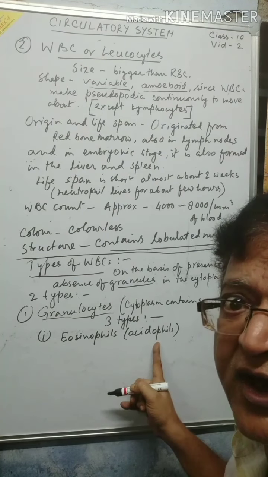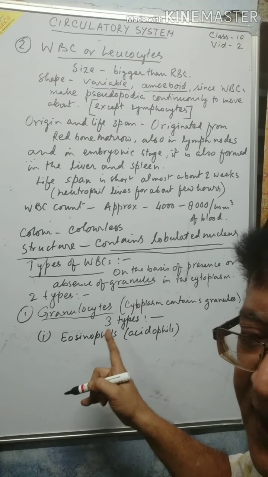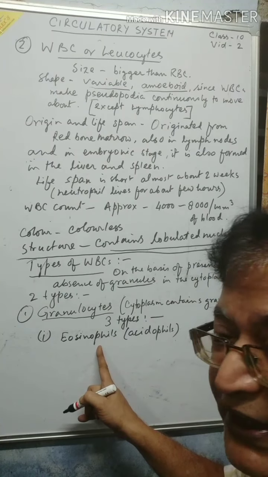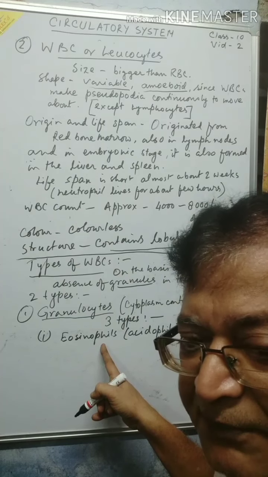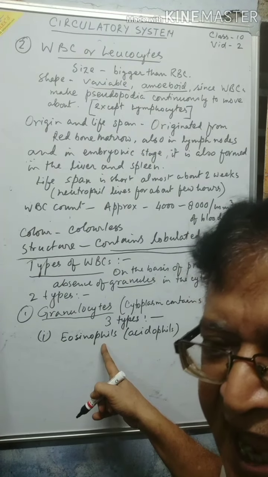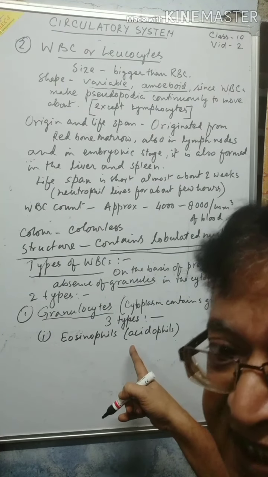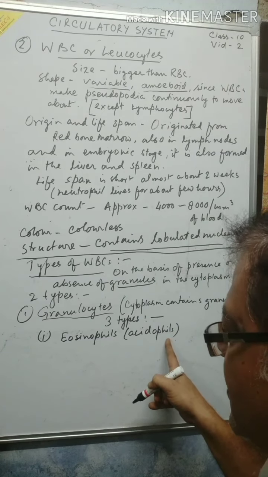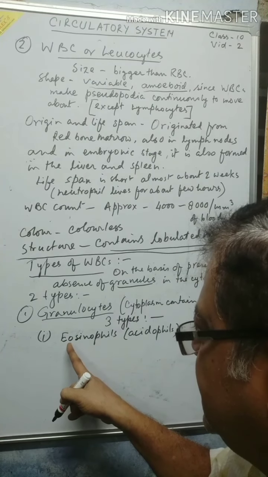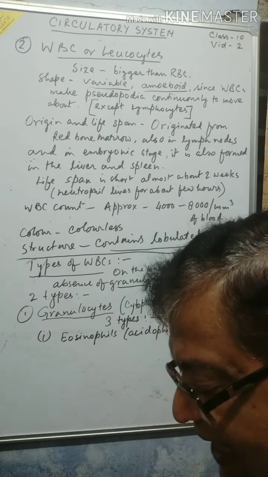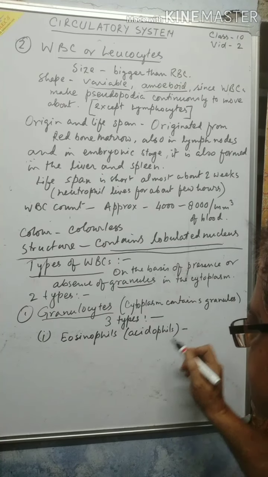They are called eosinophil or acidophil because these WBCs are colored with acidic dyes. To prepare the slide, if you want to see these eosinophils, you have to use acid dyes. Hence the name acidophils or eosinophil. Eosinophil comes from the word eosin, E-O-S-I-N, which is an acidic dye.